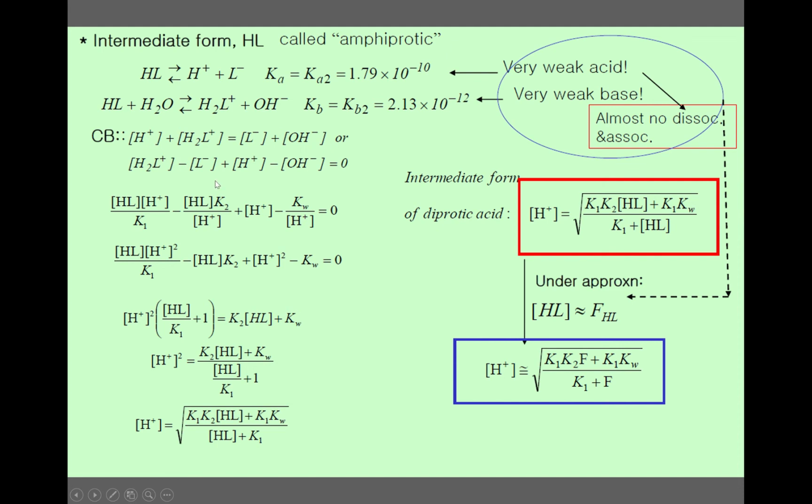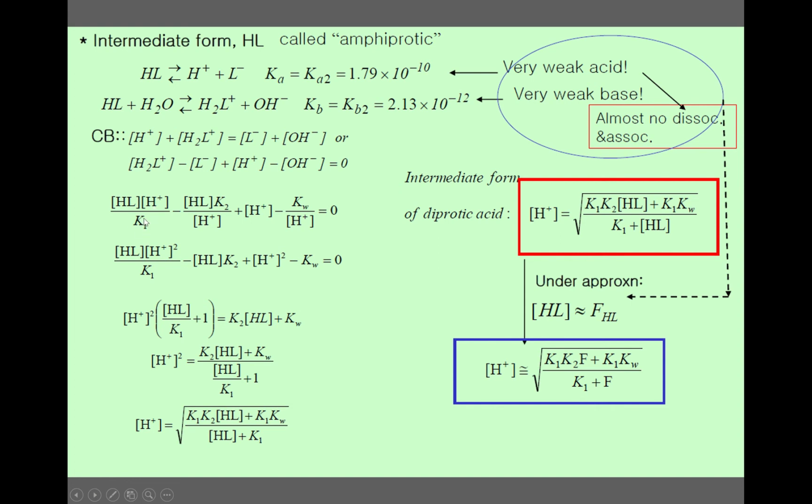And then we rearrange this equation by moving the right hand side concentrations to the left. Using K1 and K2, we can rewrite the fully protonated form, which is HL multiplied by proton divided by K1.